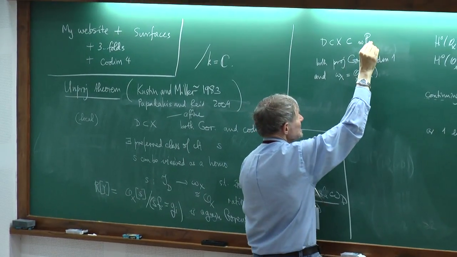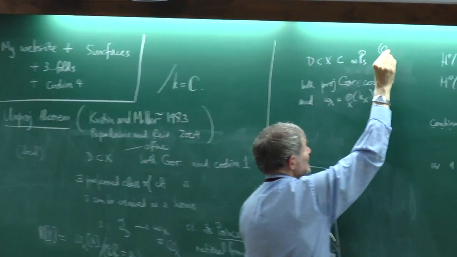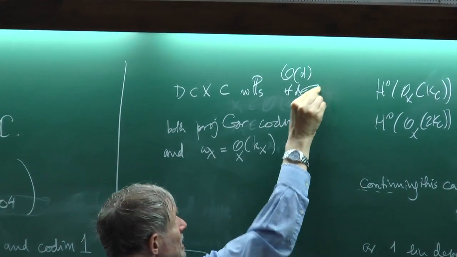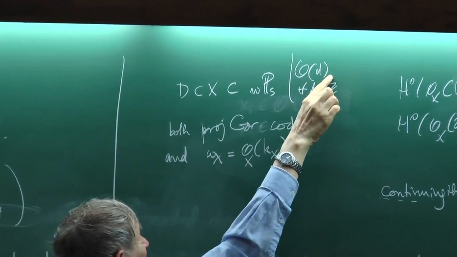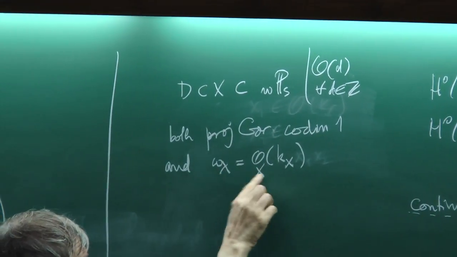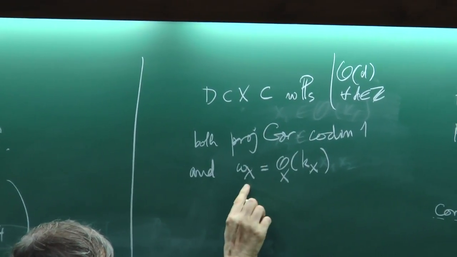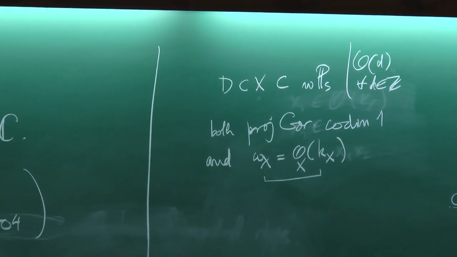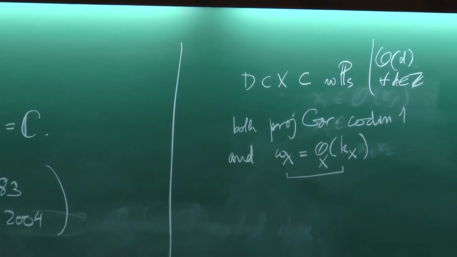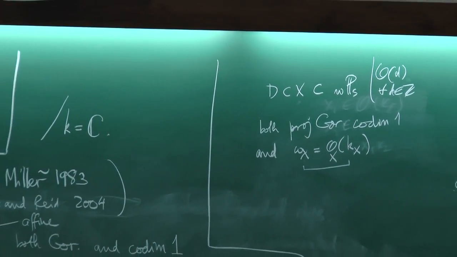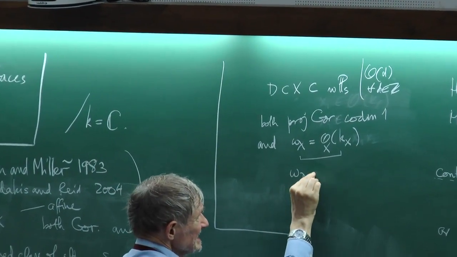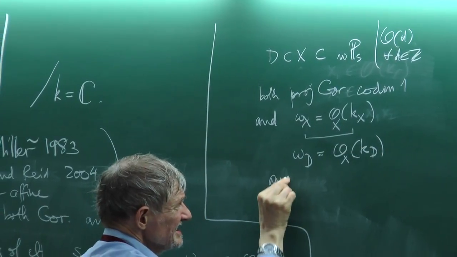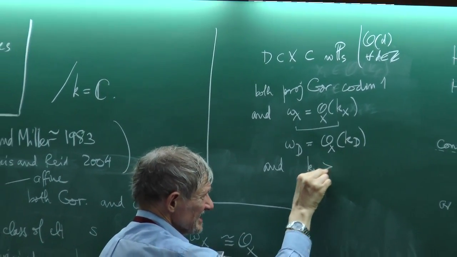So this weighted projective space has on it these O of D for all D in Z. If I restrict them to X, I get this sheaf. So projectively Gorenstein implies in particular that omega X is one of the graded structure sheaves. Omega D is OX of KD, and KX is greater than KD.